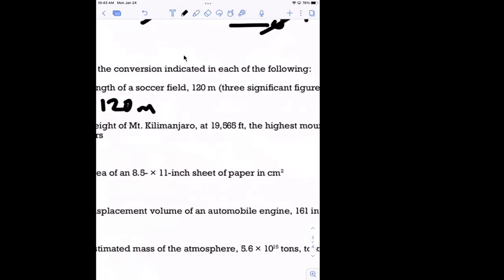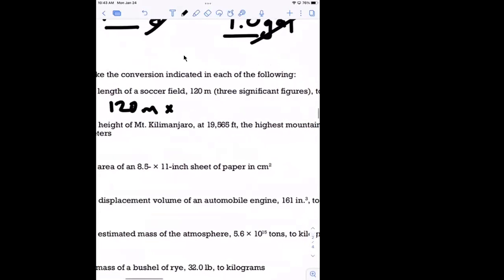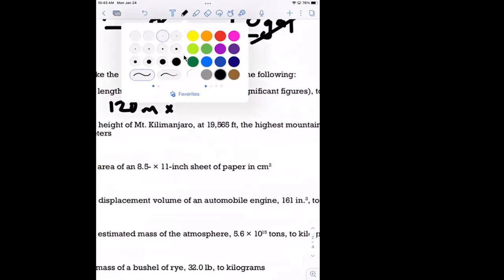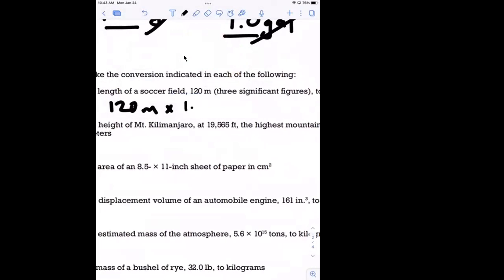So it's 120 meters times 1.09 yards per 1 meter. Is that right? So meters are going to cancel, and then I'll be left with what? Should be a little bit over 120.